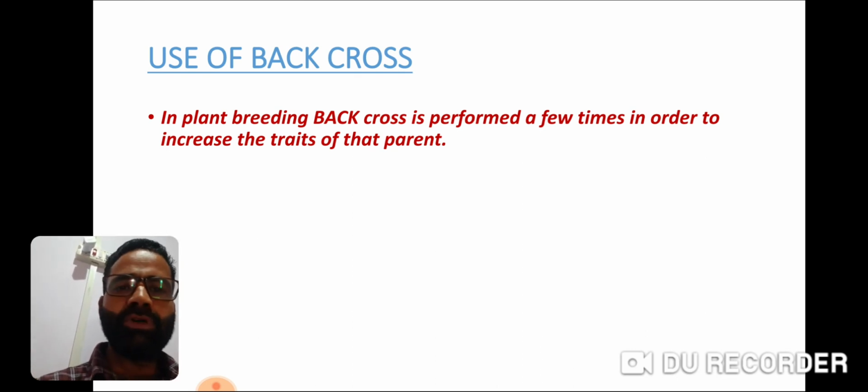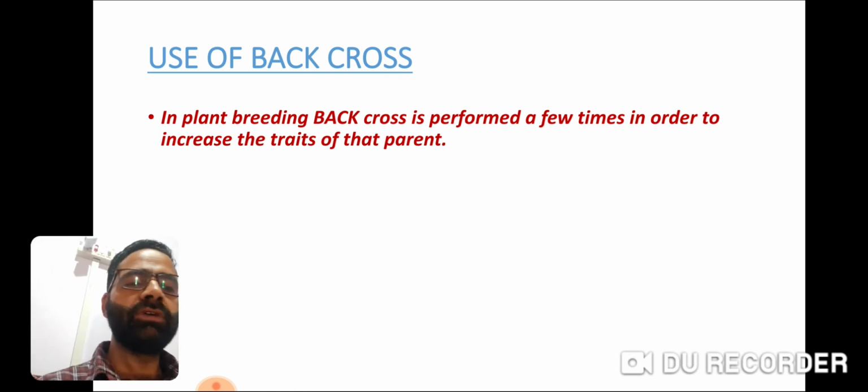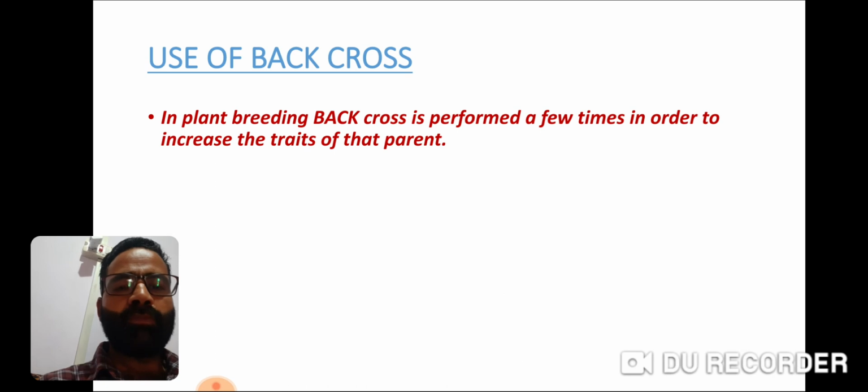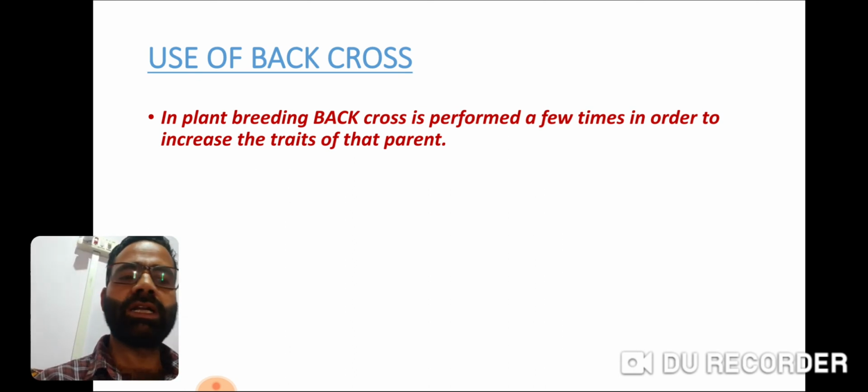For example, a crop plant is crossed with a wild variety in order to obtain its disease resistance. When this cross is made between the crop plant and its wild variety, in this process most of the good traits of the crop plant get diluted.